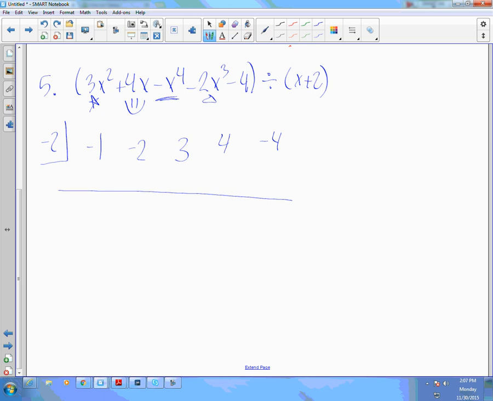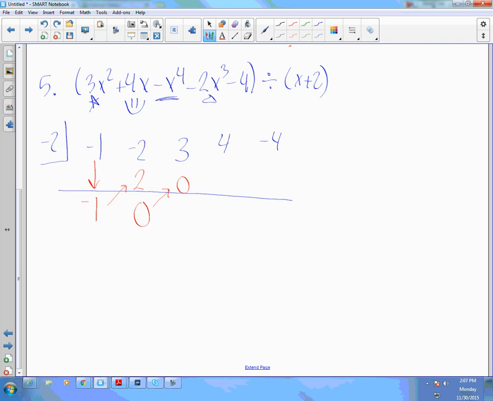So we add columns. Negative 1 plus nothing. Negative 1. I take this number and multiply it in the box. Negative 1 times negative 2 is positive 2, so I put it up there. And I add it. I get 0. 0 times the box is 0.